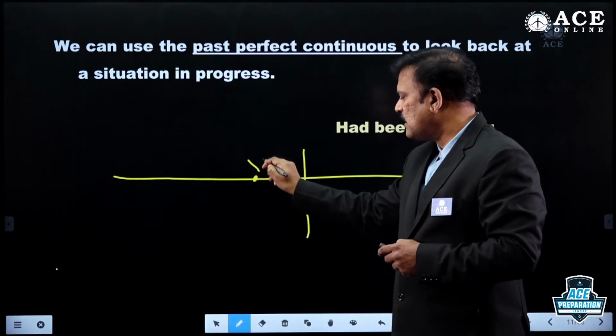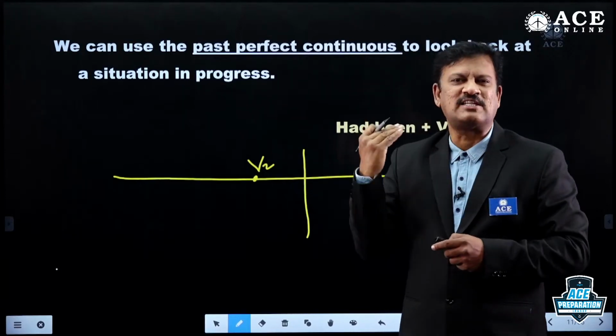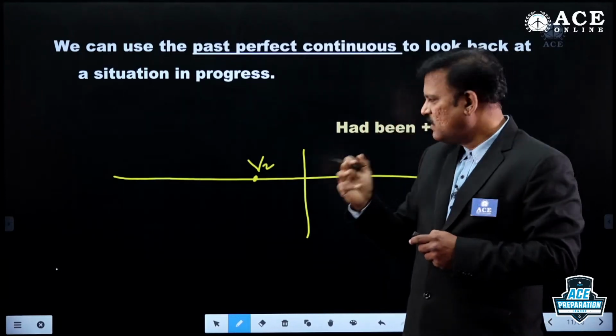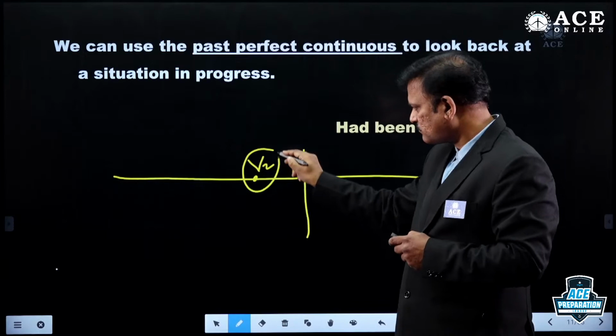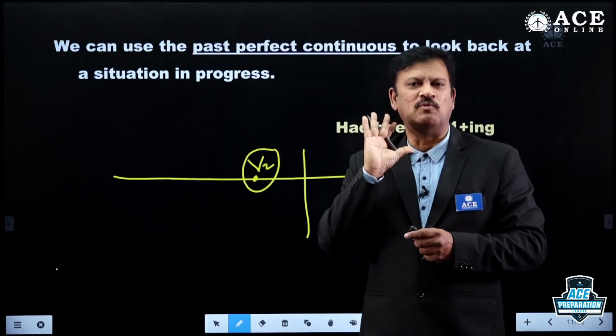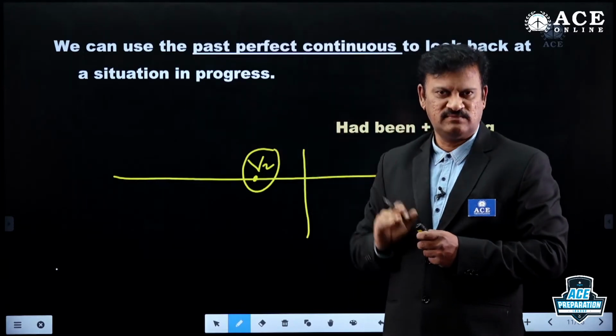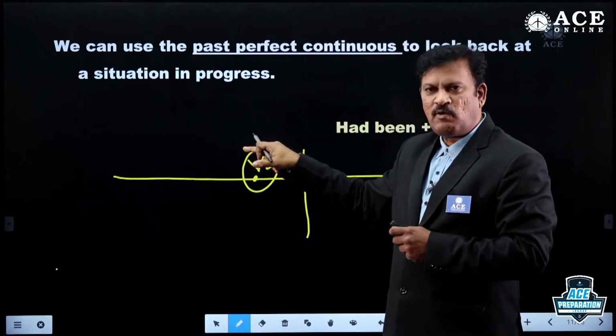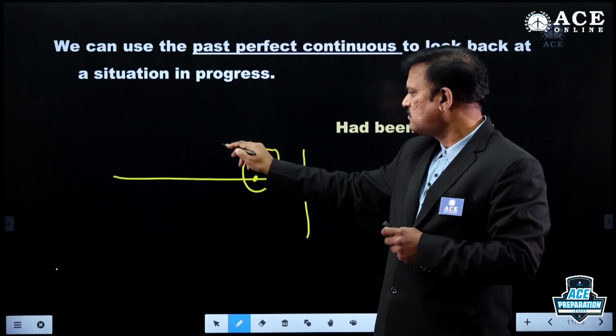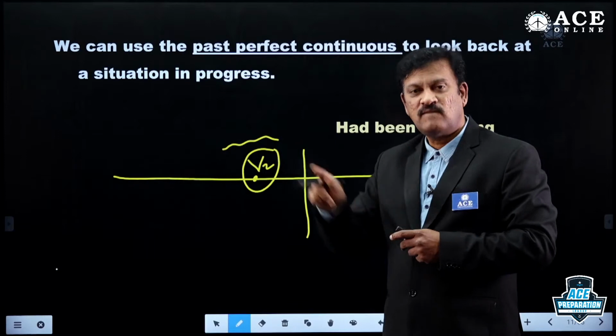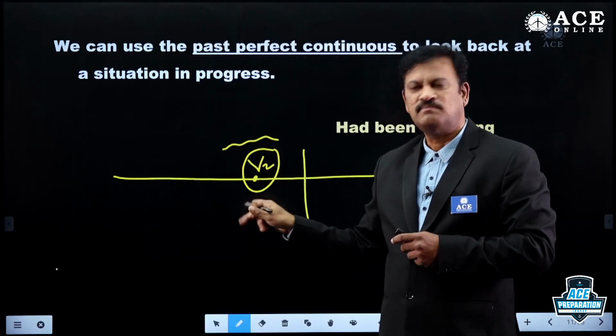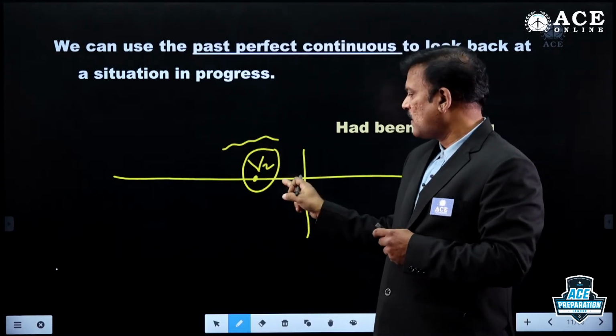Observe this, guys. Whenever I talk about this past, this is common. I have V2 form, only V2 form. I went there. I want to add one more. Then I say, when I went there, he was doing this work. But this is fixed.